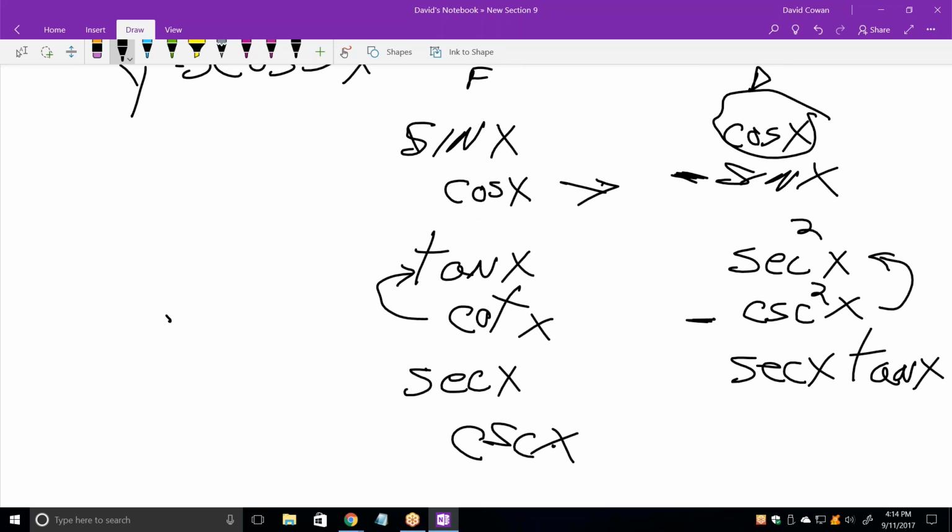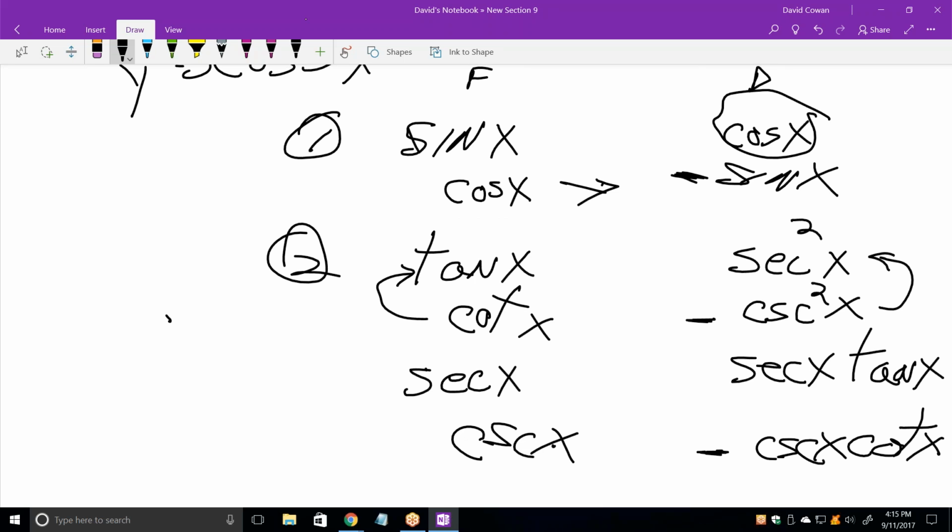See if you can pick up the pattern here. Negative secant. No? What's the derivative of secant? Cosecant. What's the cofunction of secant? Cosecant. What's the cofunction of tangent? Cotangent. Now, do you see how you can figure out all of the ones that start with C from if you have 1, 2, and 3 memorized?